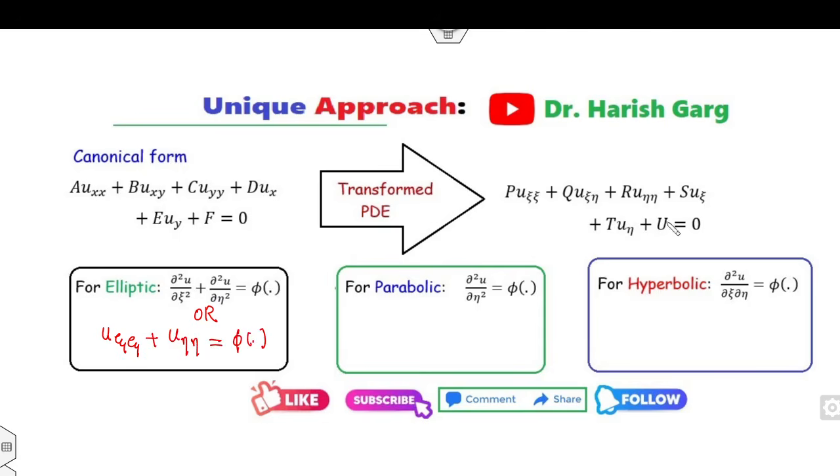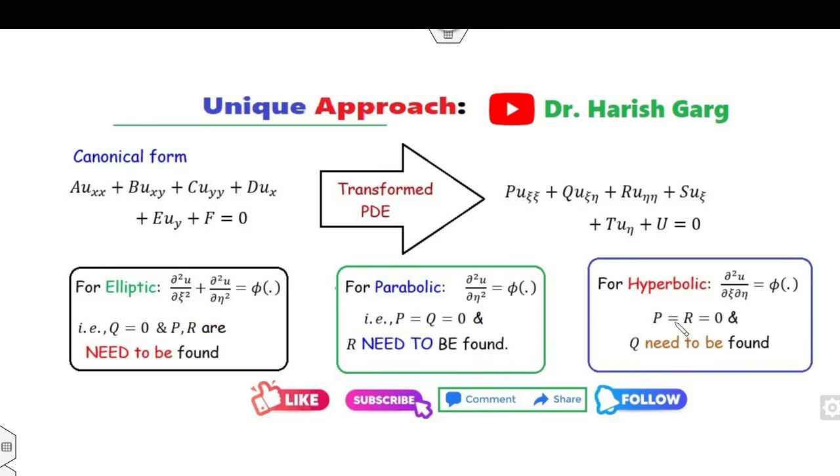Now if you compare this, clearly there is no term involving xi and eta, that means q will be 0. In this case, I can write this term as u eta, where eta will be a function of something. So in that case, I can say p is 0, q is 0. Similarly, for the other case, we can see this is the quantity and my target is to find the value of q.